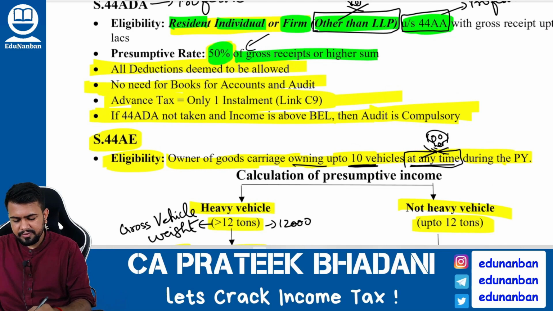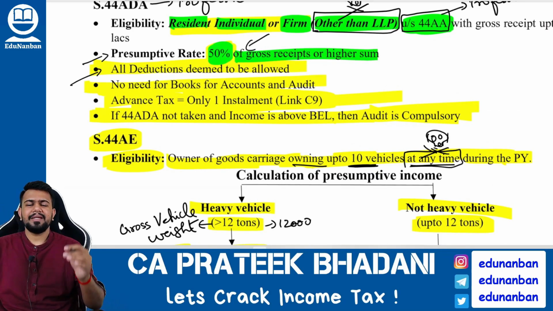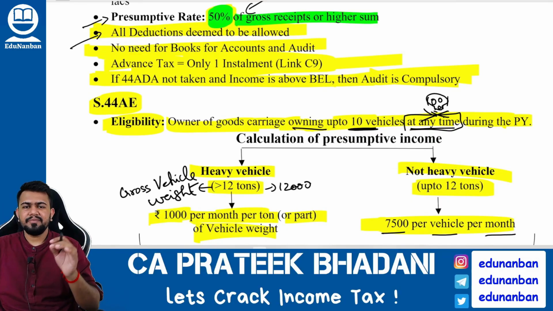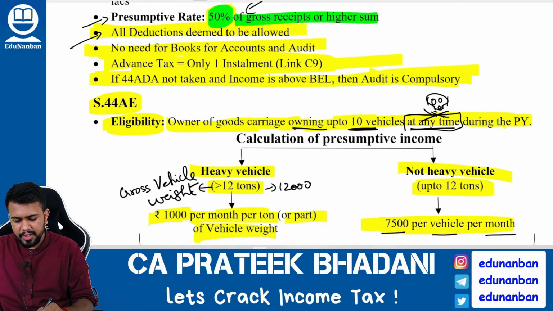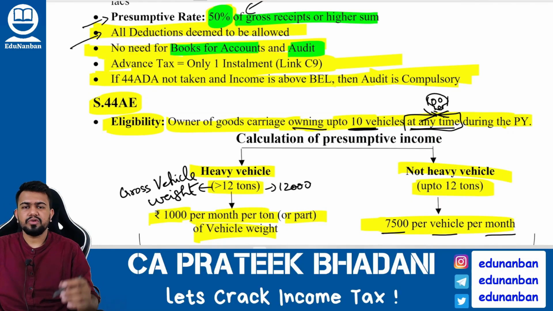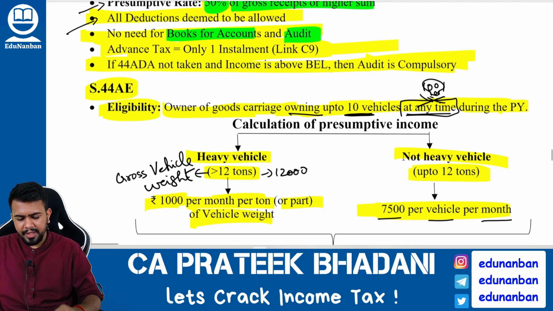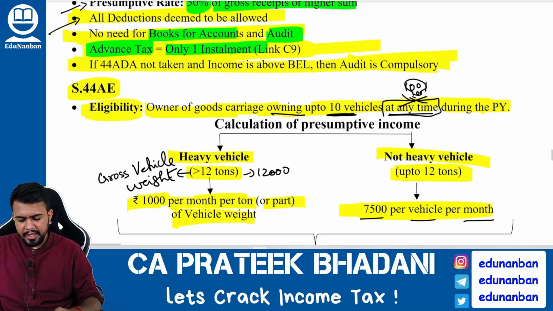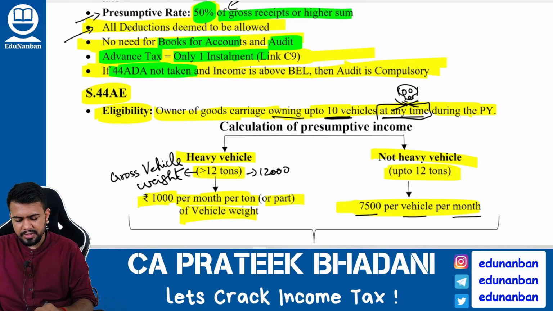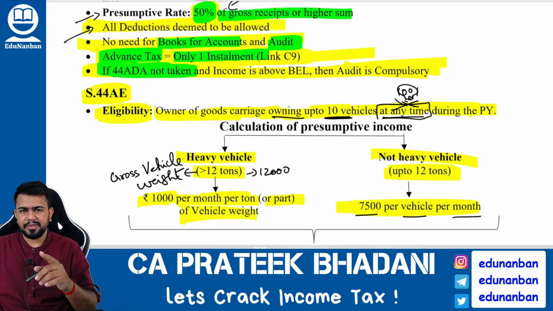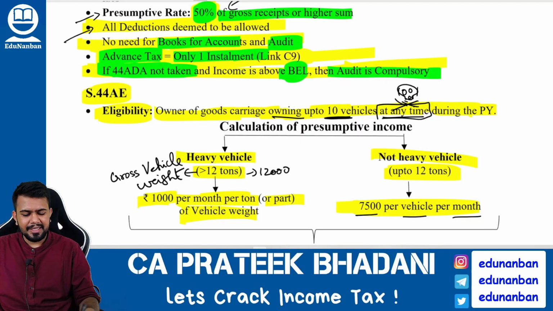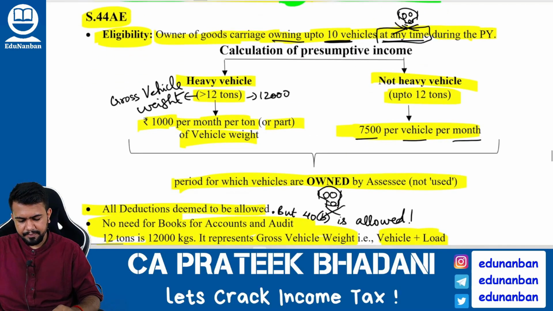After showing this presumptive income, all deductions are deemed to be allowed, meaning no further deduction will be allowed. If this presumptive income is chosen, then no need to maintain books of accounts, no need to do tax audit. And even for advance tax, only one installment needs to be paid at the year end. If 44ADA has not been chosen, what did I tell you? Tax audit is compulsory. However, if income itself is below the basic exemption limit, then tax audit is not compulsory.